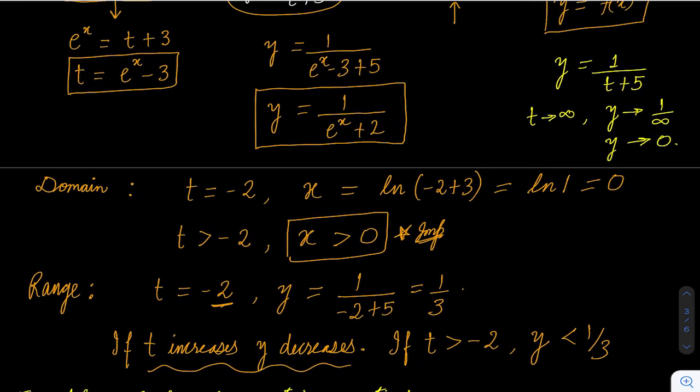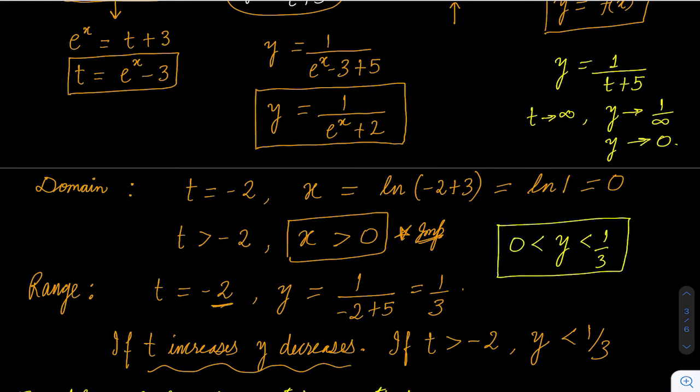So my final answer here will be, as t is greater than minus 2, y is less than 1 by 3, but it will not be 0. So it means my y value is less than 1 by 3, but greater than 0.